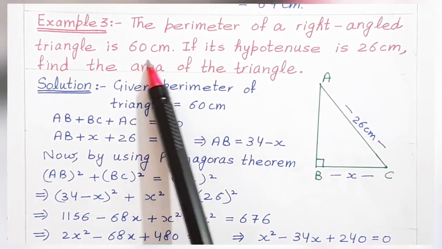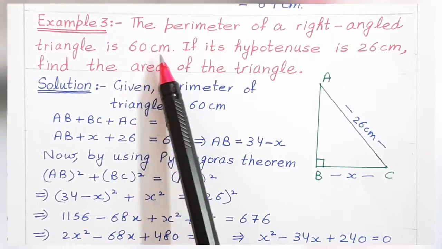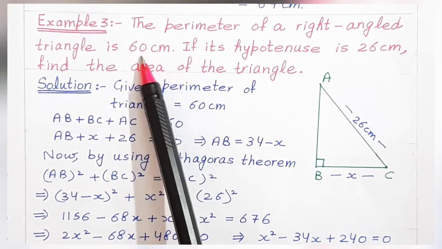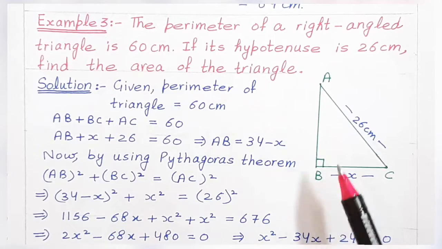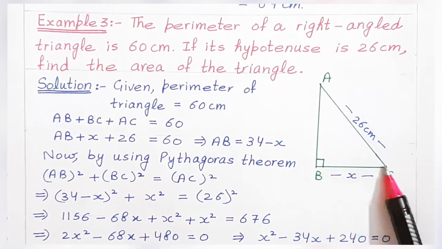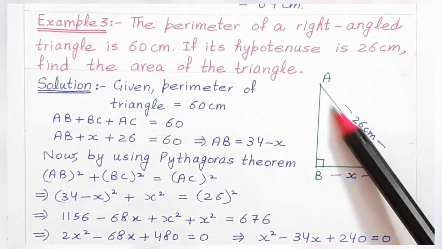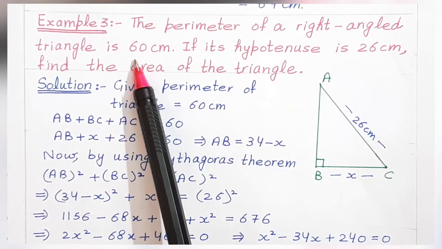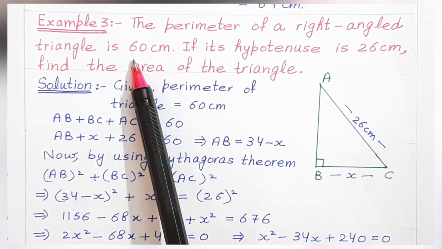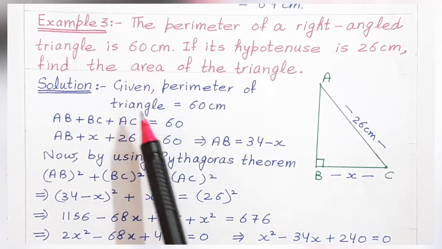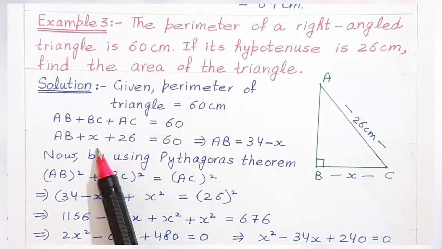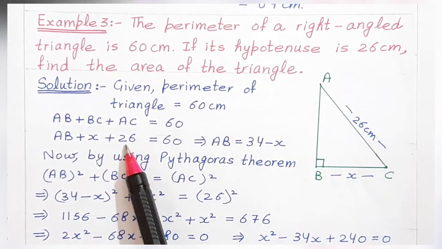Now students, it is also given that perimeter is 60. So we can say that AB plus BC plus AC is equal to 60 centimeter. Right? Now BC is x, AC is 26.